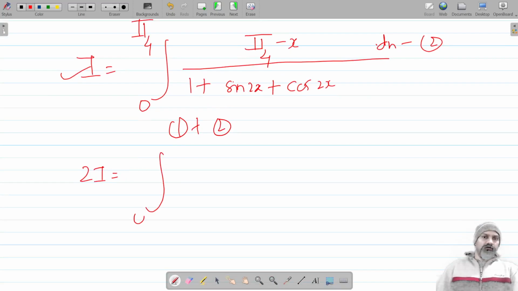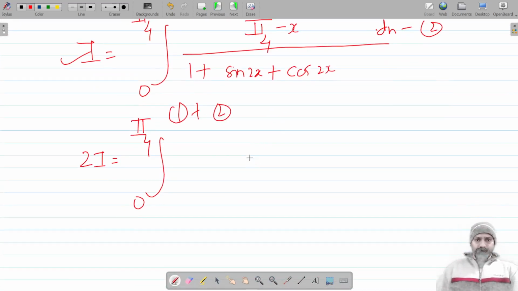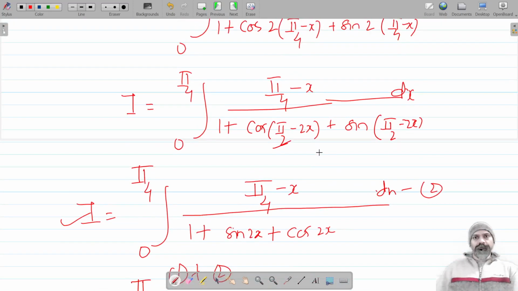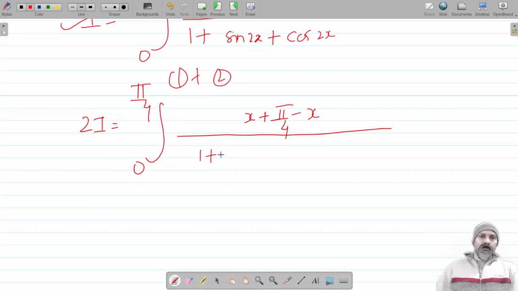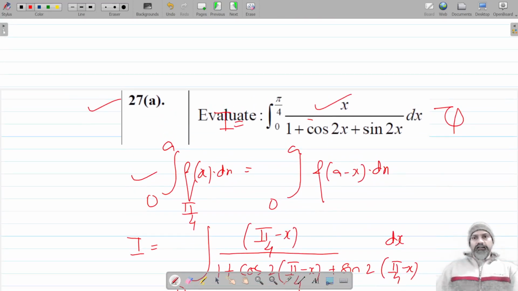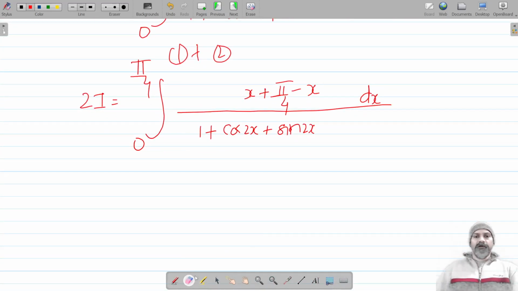2I is equal to the limit 0 to pi by 4, and this is the first equation, so x plus pi by 4 minus x upon 1 plus cos 2x plus sine of 2x, because this is the same, so it remains as it is, into dx.